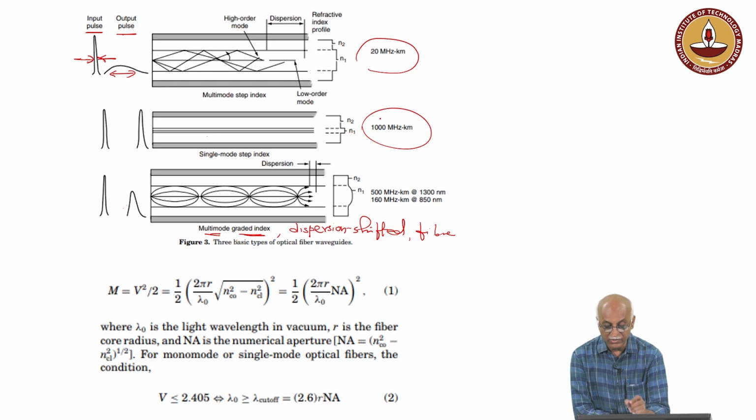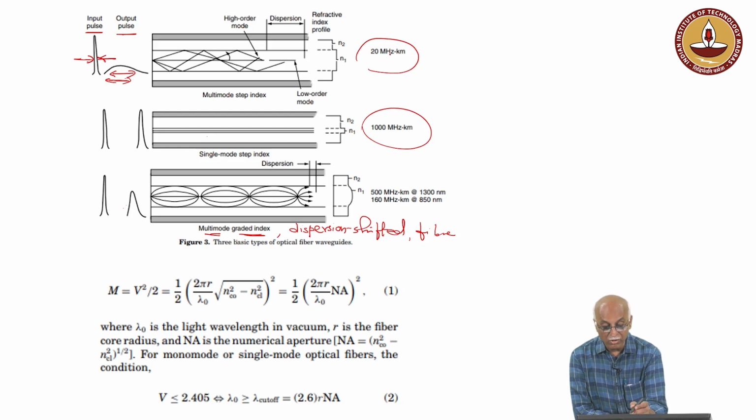Basically, let us say the pulse broadening is considered. So, basically it can be represented in terms of dispersion based spectral broadening.